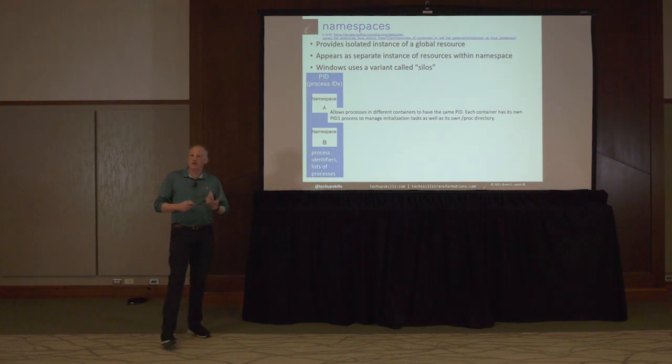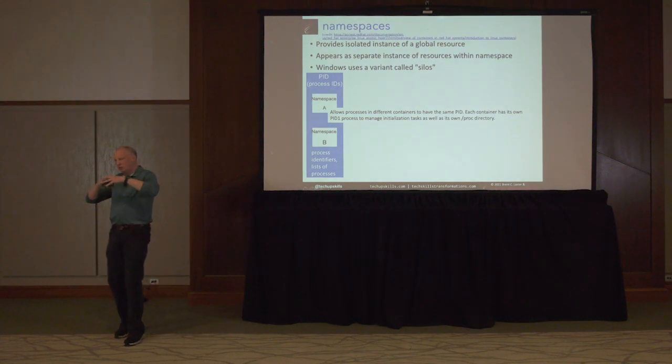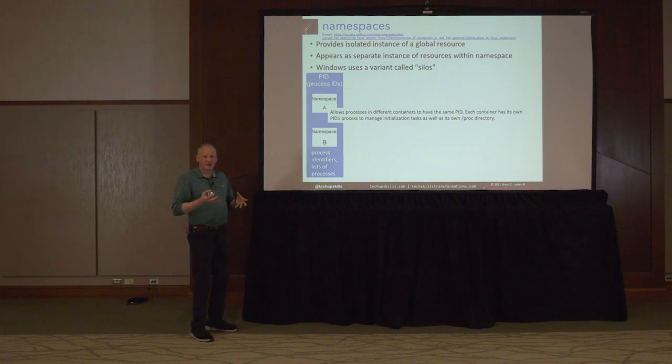From the standpoint of an application running within a container, it's running within its own little computer, its own little environment. It might have process ID 1, process 2, process 3, and so on. Another container would allow it to have process 1, 2, and 3 as well. So this allows it to separate those out.